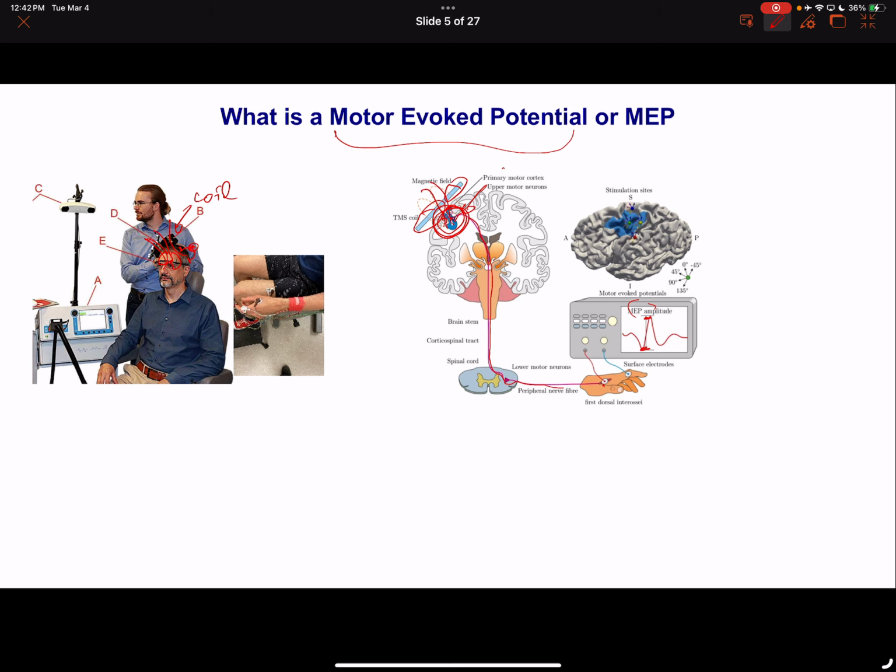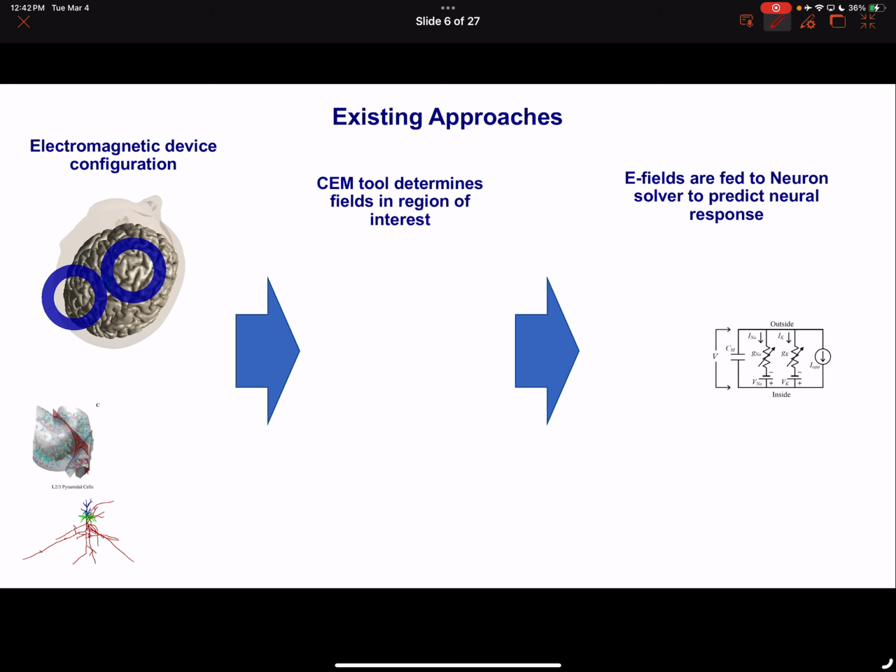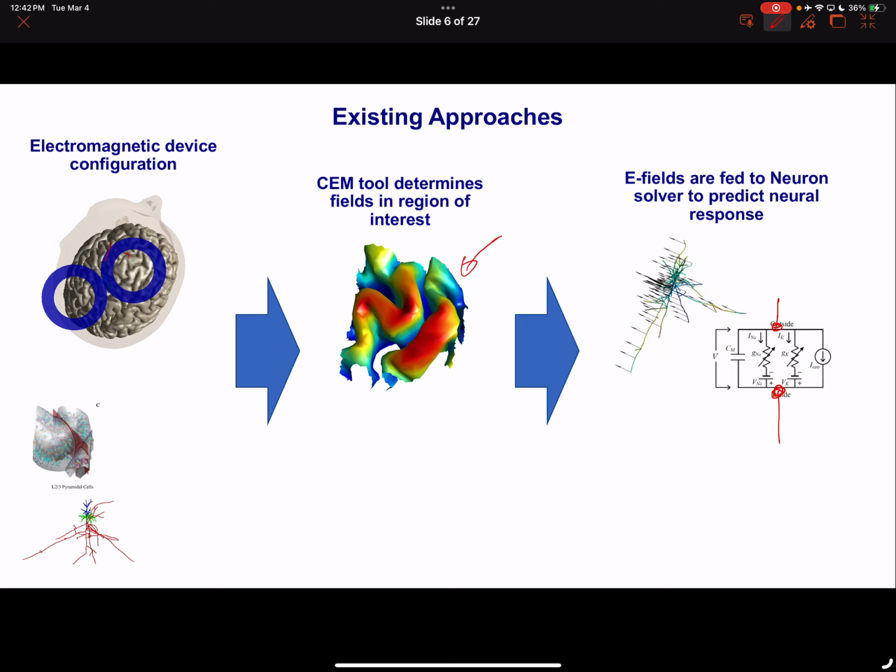Now, biologically, the way we think about this is you have your coil and you have your brain. You can figure out what electric field you're inducing in different brain regions. Then you have an equivalent circuit for your neuron, and you couple that circuit to the electric field, and then you can predict how much current you need to stimulate that given neuron.